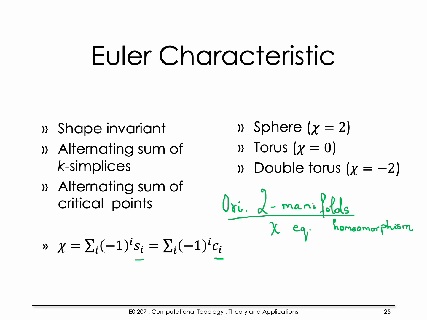The Euler characteristic is able to classify the orientable two-manifolds up to homeomorphism. This is a classic result in topology. I'm just mentioning it here as a side interest. This is called the surface classification theorem.